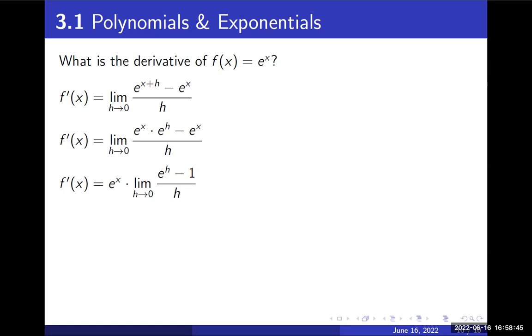Why can we take it even out front of the limit? Because e to the x does not have an h involved. The limit is as h goes to 0. So if we have a factor that does not involve h, then it's not affected by the limit. And we can look at the limit of the other parts and then simply multiply that by e to the x.